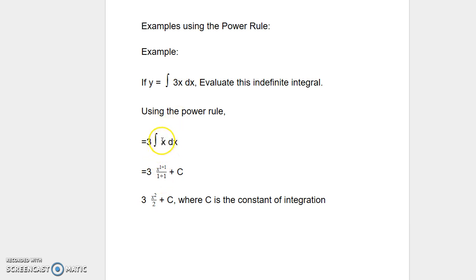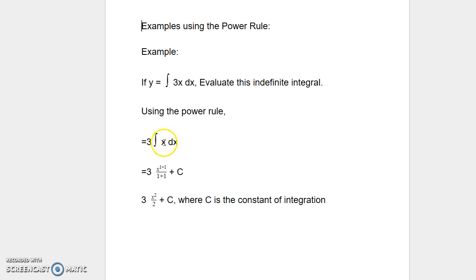Now we are going to use the power rule. The power rule states that the integral of x to the power of n is equal to x to the power of n plus 1, divided by n plus 1. Since x means x to the power of 1, the exponent 1 is implied, so we normally don't write it.